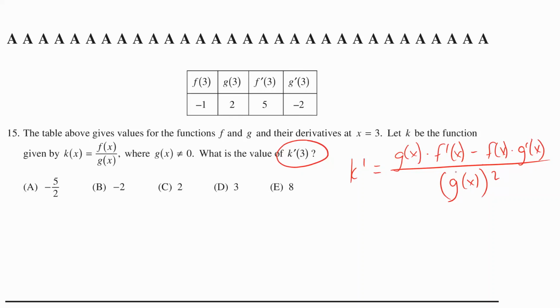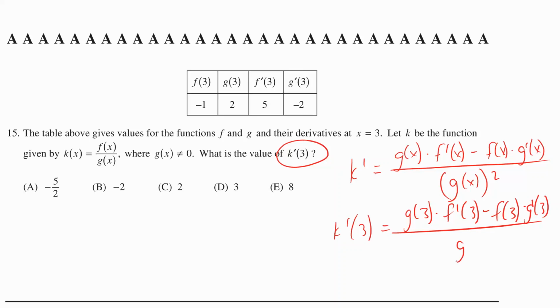And then I think we can just put numbers in. k prime of 3 equals g of 3 times f prime of 3 minus f of 3 times g prime of 3, all over g of 3 squared.